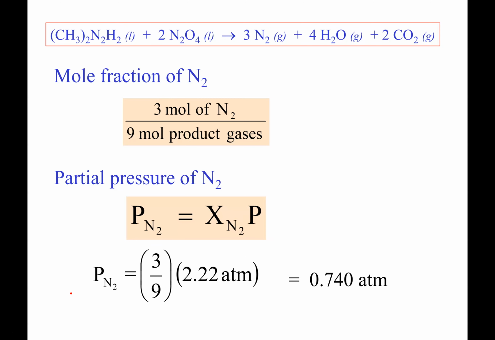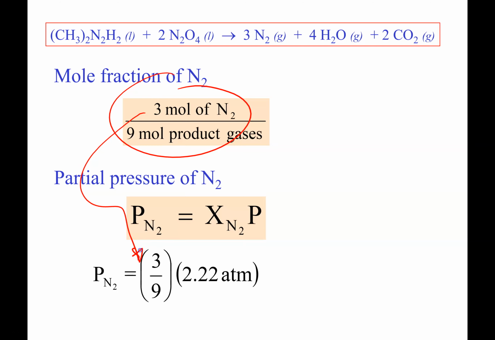The total pressure we said is 2.22 atmospheres times the mole fraction, which for nitrogen is 3 to 9. So this is the total pressure, and that's the mole fraction. With 3 sig figs, the partial pressure of nitrogen is 0.740 atmospheres.